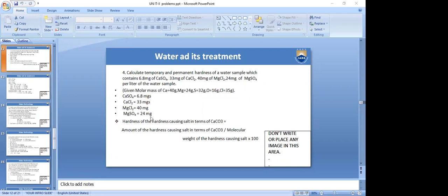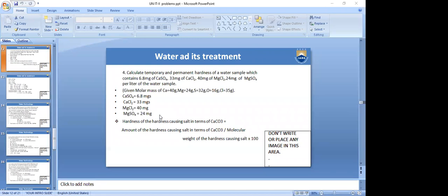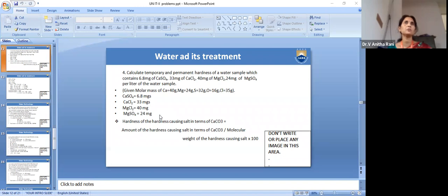Okay. Now last one, magnesium sulfate molecular weight. You forgot molecular weights? 120, ma'am. Okay. 24 by 120 into 100. 20, ma'am.